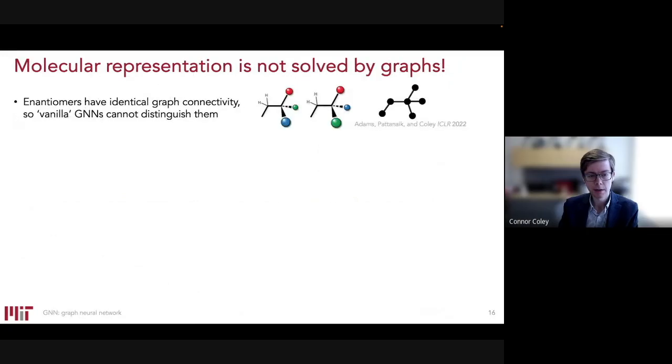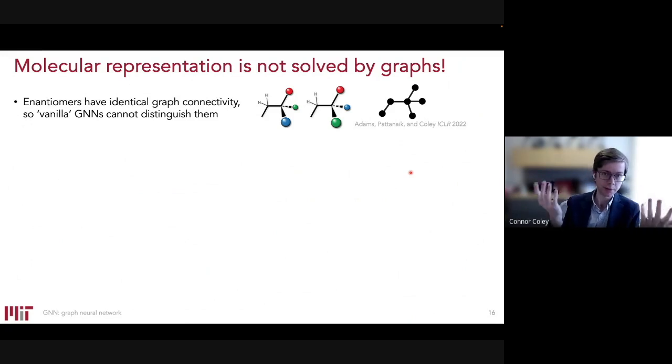Yeah. I guess on that note, graphs don't get you everything, and graphs lead to some ambiguity. And this is going to get a little bit more into the chemistry side of things. But there's this notion of chirality that is quite relevant in organic chemistry. So it's a notion of having non-superimposable mirror images, like our hands, right?